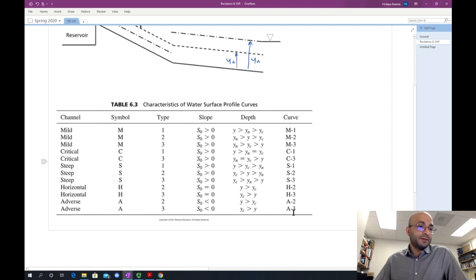On the very right hand side are the curve numbers for mild, critical, steep, horizontal, and adverse channels. So the letter means whether the channel itself is mild, critical, steep, and so on. And the numbers following it represent the region where the water surface is at.